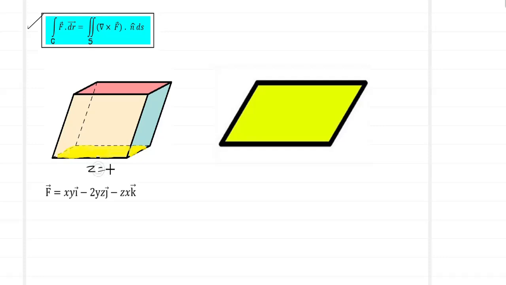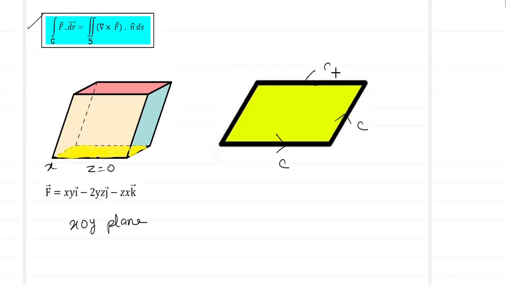So Z equal to 0 is your XOY plane which has been cut off. So we have this cut open surface to be my curve C.